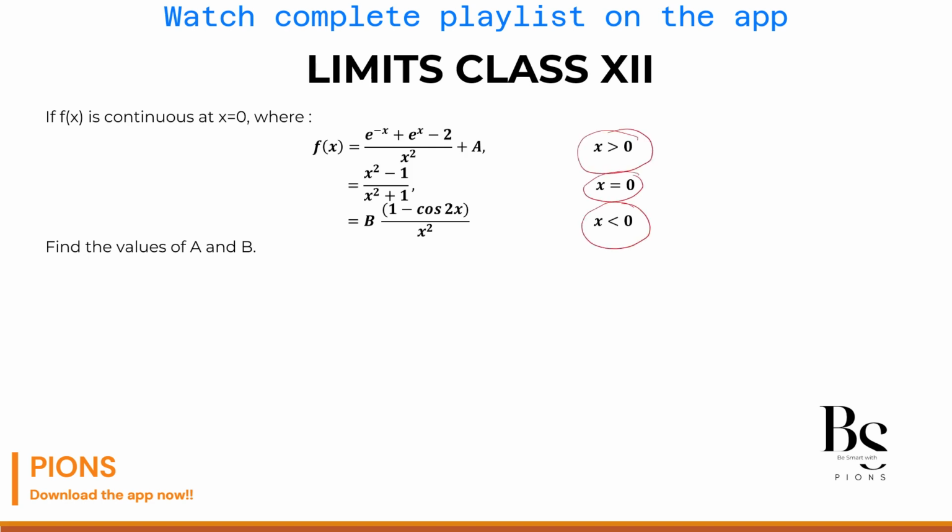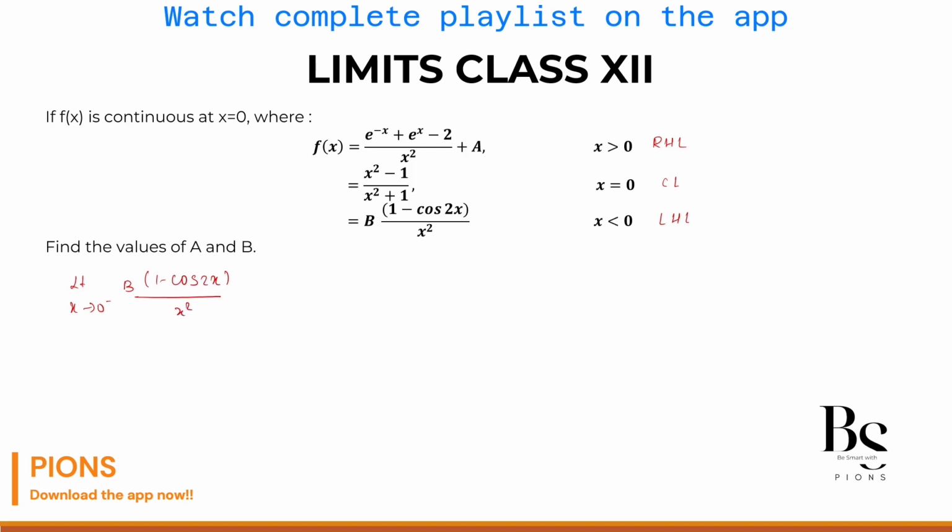So let me just write it in front of them so that it becomes easy for you to understand. This is x less than 0, left hand limit, x greater than 0, RHL, and this is our central limit. Let's start with the left hand limit: limit x tending to 0 negative of the function. Which function will it call? b into 1 minus cos 2x whole divided by x square.